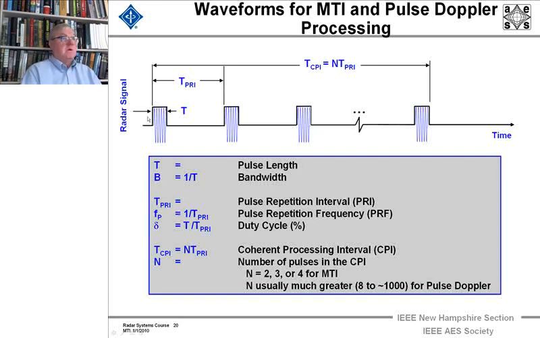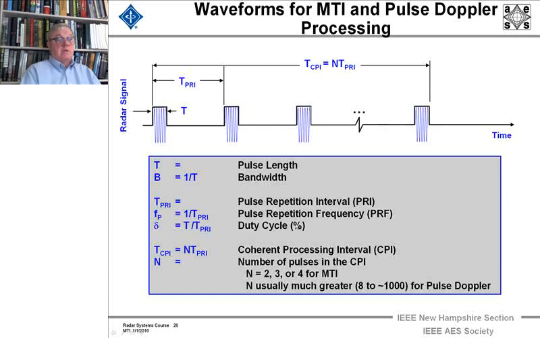The frequency of these pulses is the pulse repetition frequency, which is 1 over the PRI. That pulse repetition frequency, the PRF, we also call f sub P.